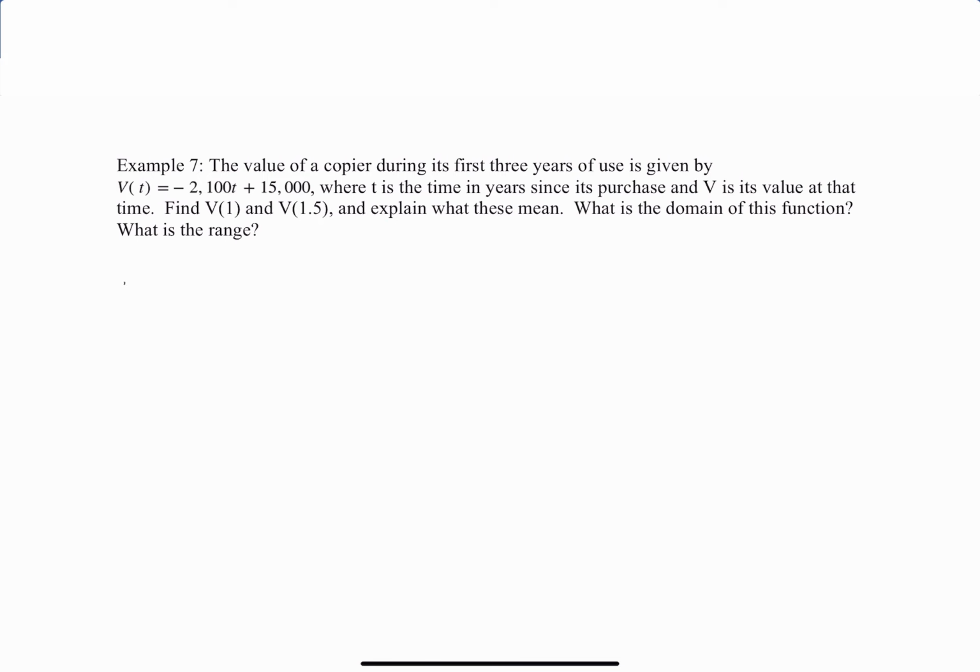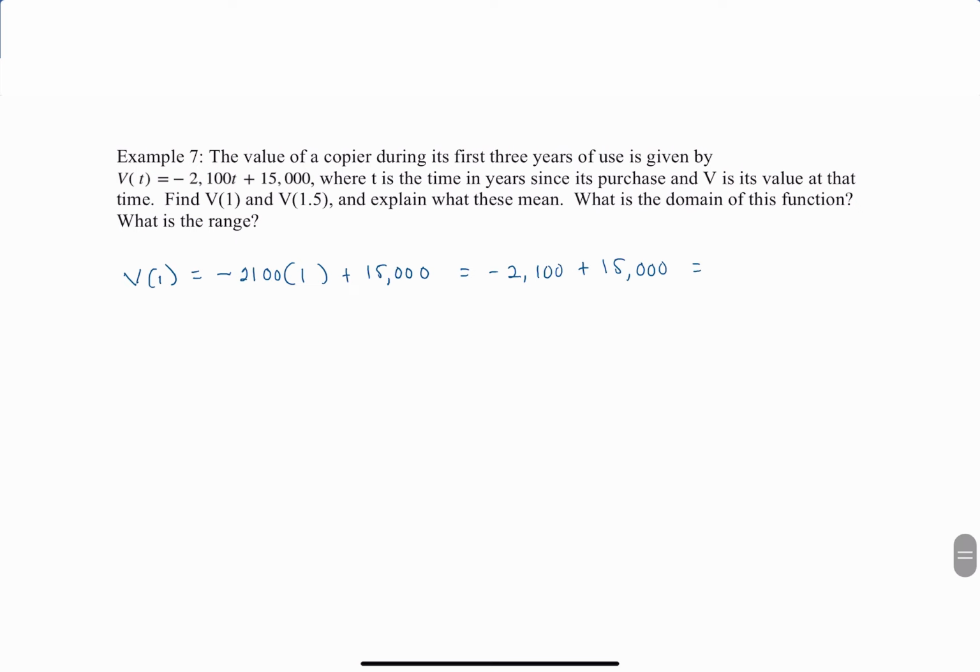V(1) is going to be what we get if we plug in that number for t. And that number is 1. So we have -2,100 plus 15,000, which is 12,900.